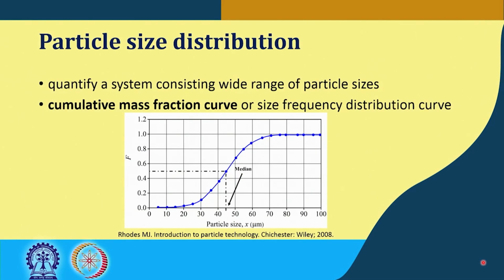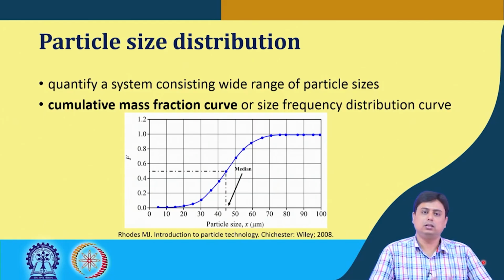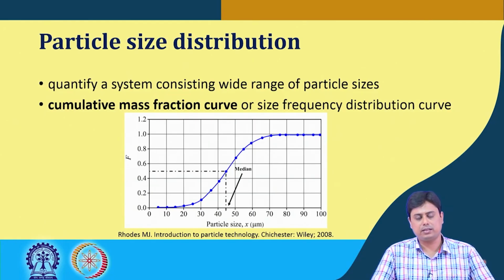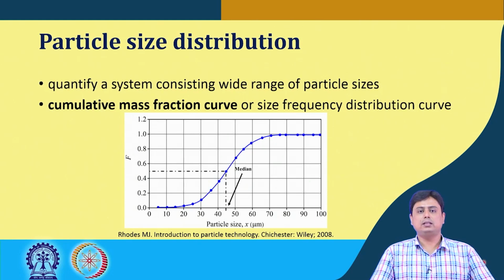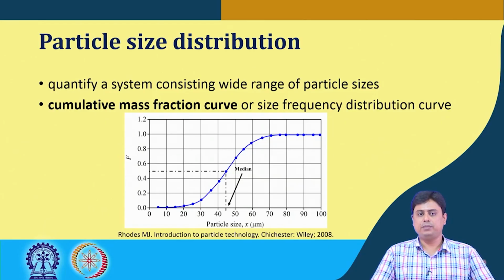Now, why is particle size distribution essential? Because we are talking about a collection or mixture of particles, bulk material handling in industrial cases. Although we have previously discussed single particle characterization, it is essential to understand that handling multiple particles, or millions of particles together, is what happens at the industry level.